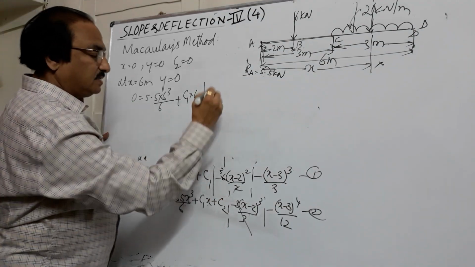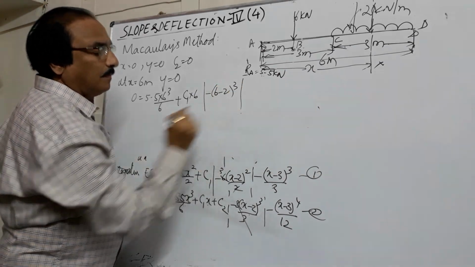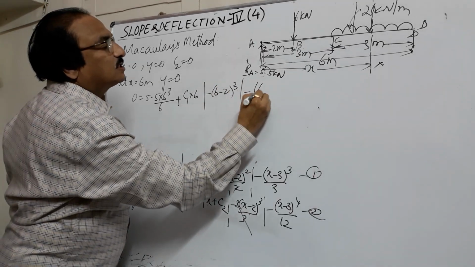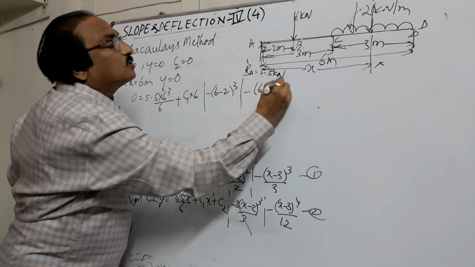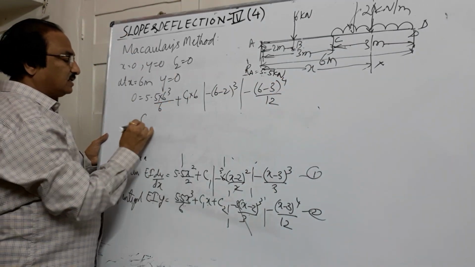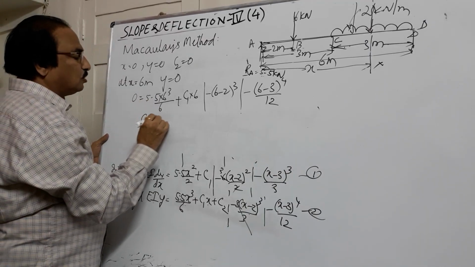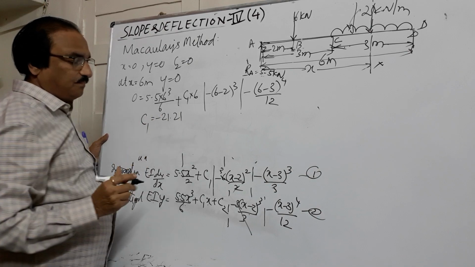So minus 6 minus 2 whole cube, minus 6 minus 3 whole raised to 4 divided by 12. You will have to simplify this. The only unknown here is C1. If you simplify, you get C1 is equal to minus 21.21.